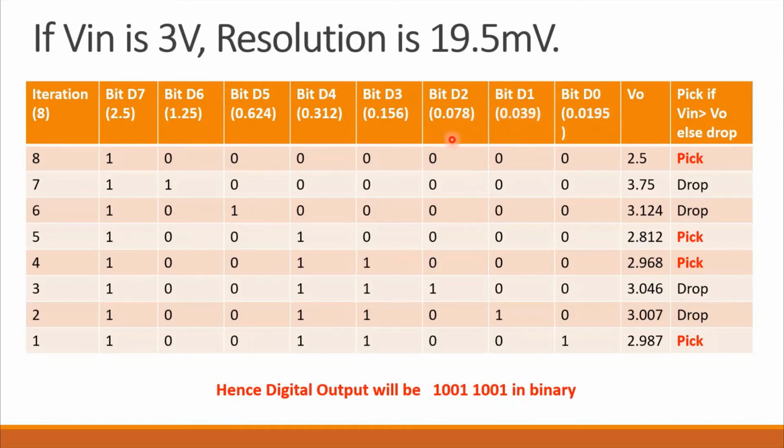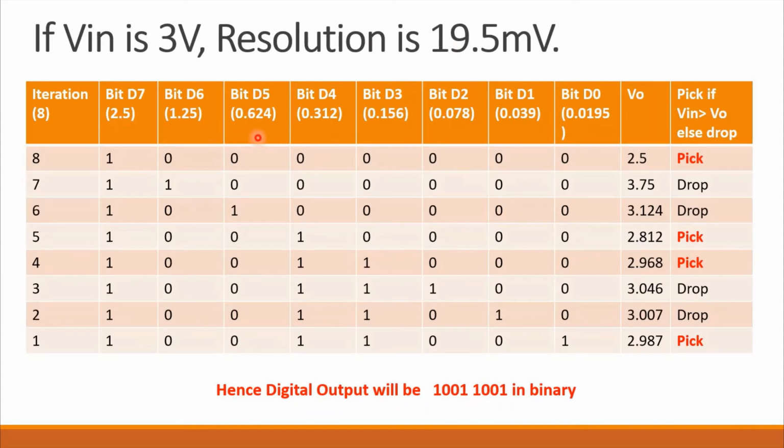Then here you have 2 to the power 2. So 4 into 0.0195 will give you this value. Then 2 to the power 3, that is 8, 8 into 0.0195. So that way. Then 16, 32, 64, 128, multiplied by the smallest resolution, you can identify this value. Clear? You can calculate these values.